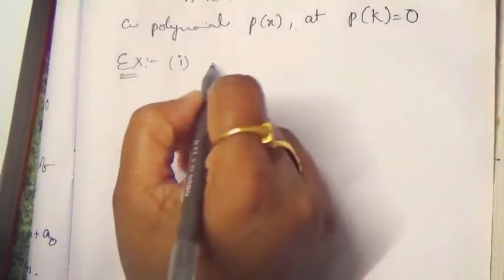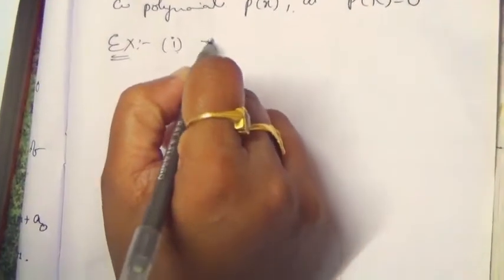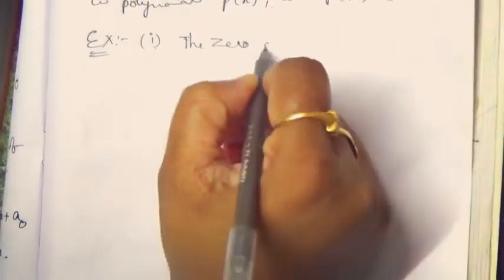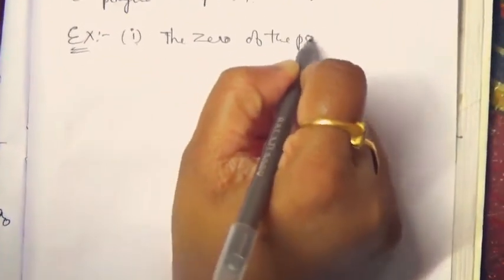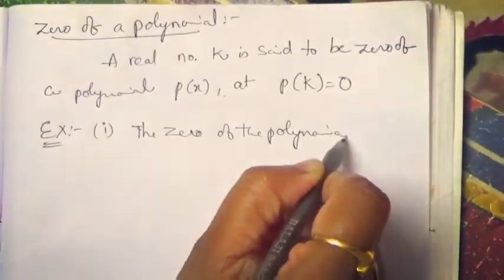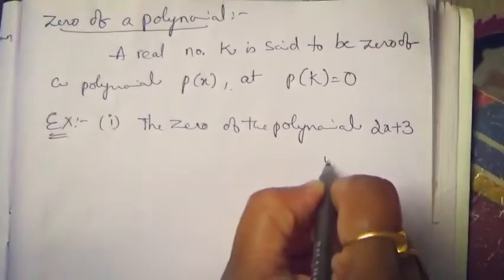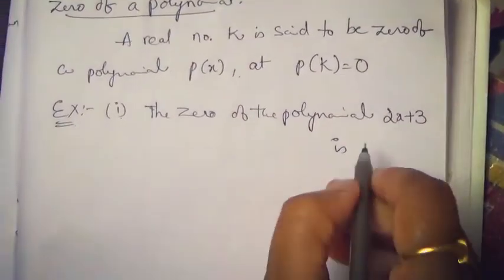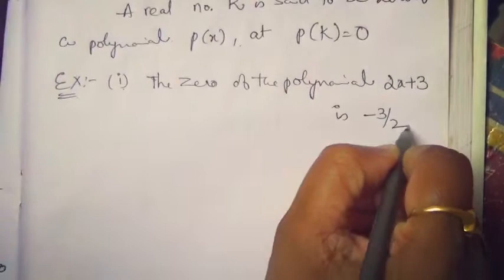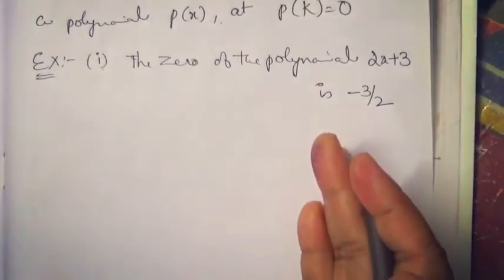First example I am giving here. The 0 of the polynomial 2x plus 3 is minus 3 by 2. How can we get this minus 3 by 2?